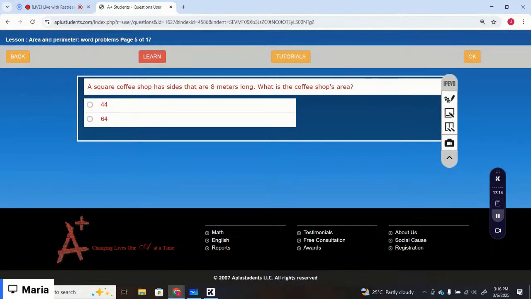The area is very good, 64. Option number 2 is the correct option.